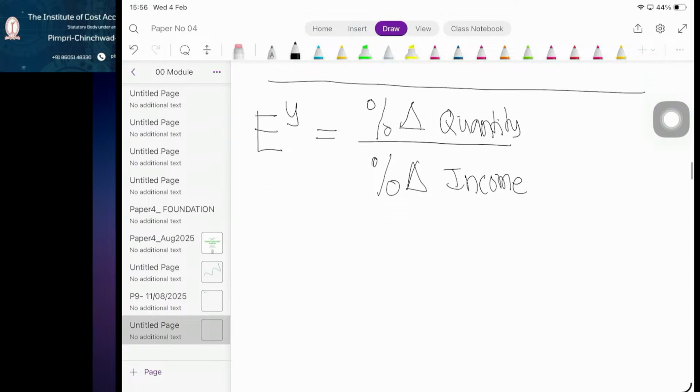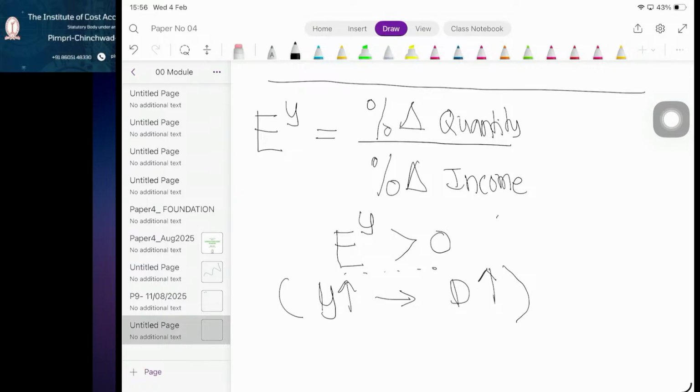Now I'll not do a numerical question, but just remember, when income elasticity of demand is positive, what does that mean? Income increases, demand also increases. That means income elasticity is positive. Such products are called normal goods. Okay, they are called normal goods.